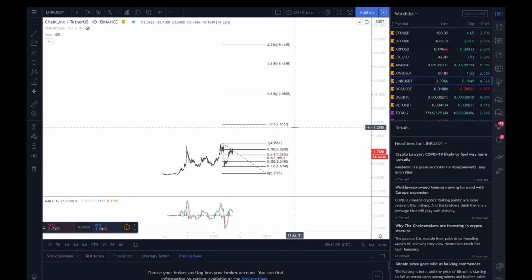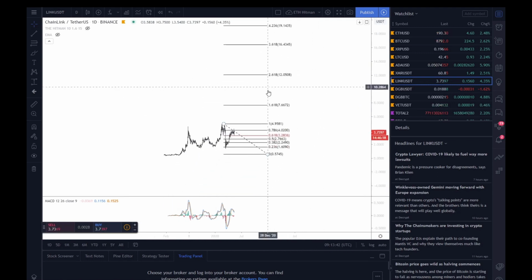But we need to remember it's a fairly new project. This project did not go through the bull run of 2017. The top 20, the top 50 on CoinMarketCap at that time saw some exponential rises, and if you look further up here, some of these targets are not out of the question in my opinion.